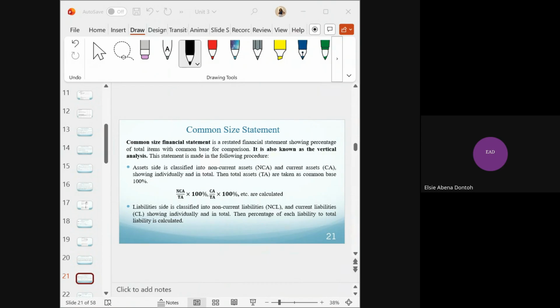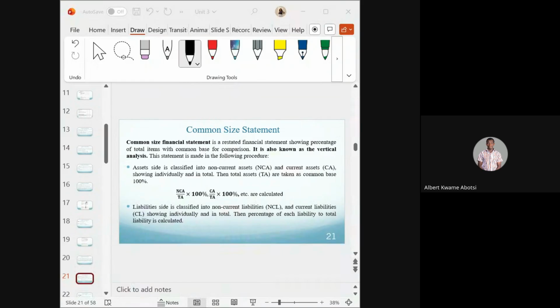Nobody from Fiasiman has spoken today. Fiasiman, when we say common size statement, what comes to mind? Who is from Fiasiman here? Albert Abuchi, you are from Fiasiman. Hello, Abuchi.